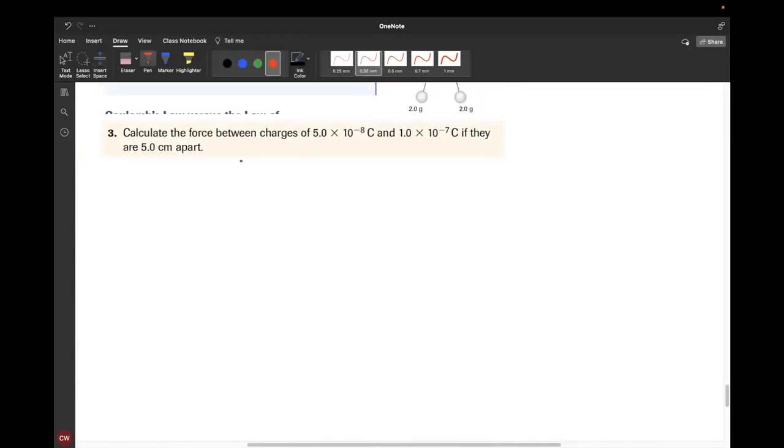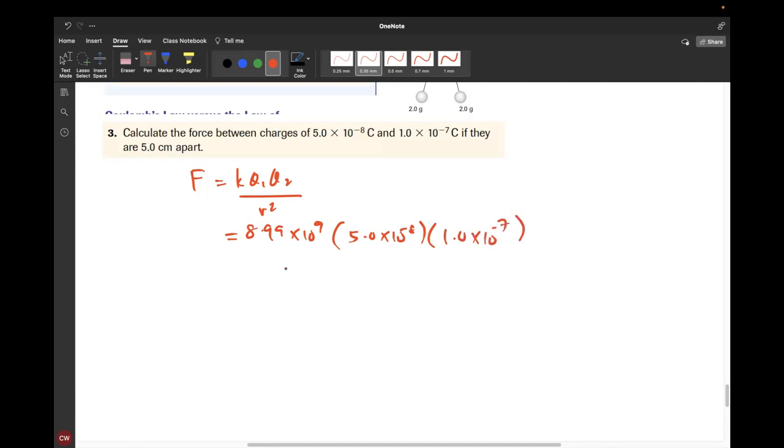First one, force K Q1 Q2 over R squared. K is 8.99, power 9. 5 minus 8, 1 minus 7. R is converted to meter, minus 2. Okay, let's find the answer.